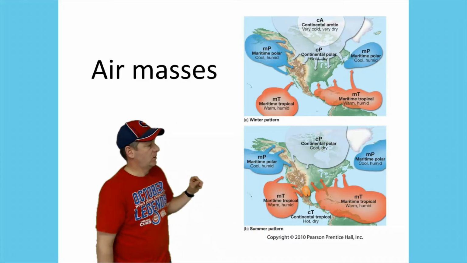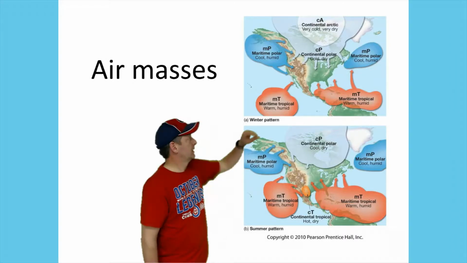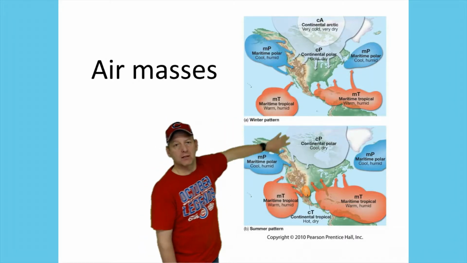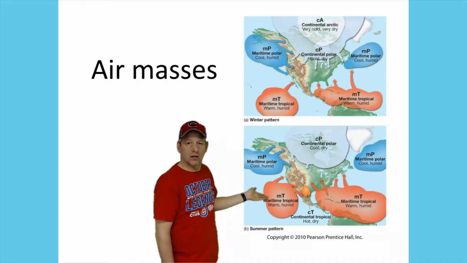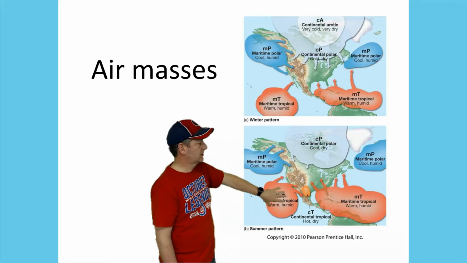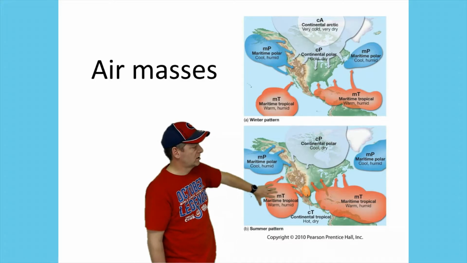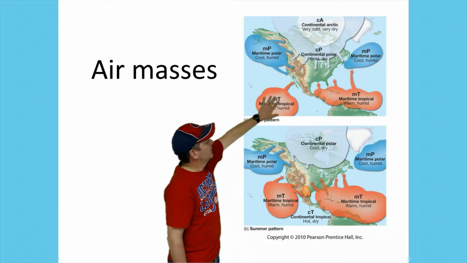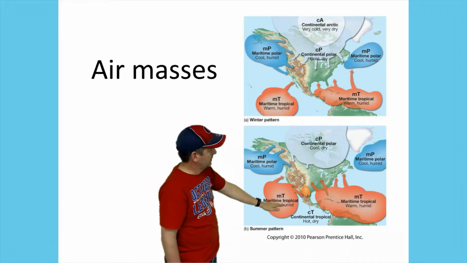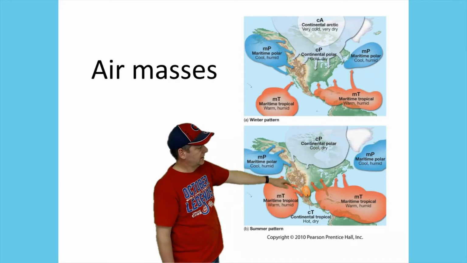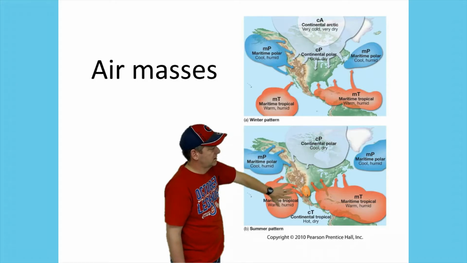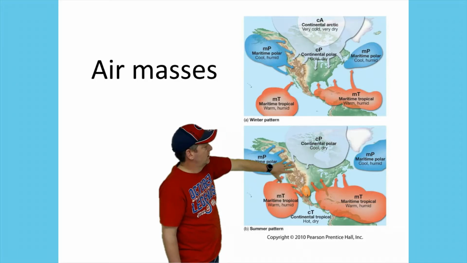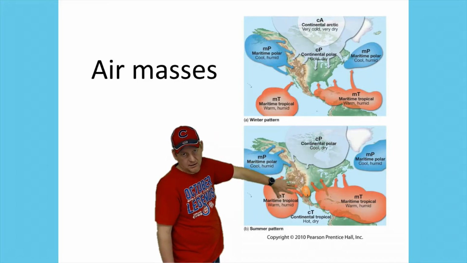Okay, now these 2 pictures here are different. This is more of our winter time. This is more of our summertime. So how does the summer look? Well, some of this air here will start to move forward. You can see up here, it's further south. And now that the heat has gone up, the sun is more up in this direction here, we're going to start to see even warmer, wet air.